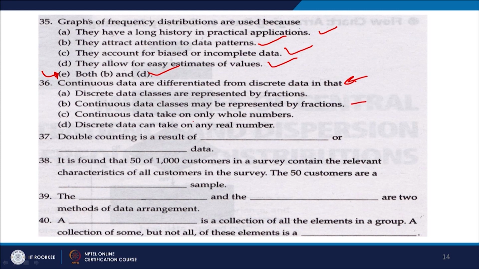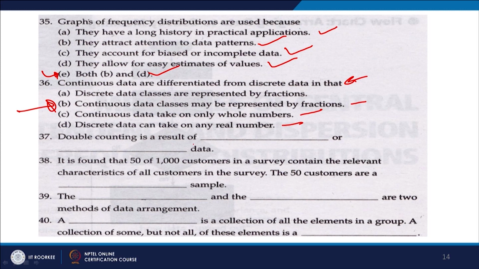Continuous data take on only whole numbers, discrete data can take on any real number. So, answer is what? So, answer is B. Continuous data classes may be represented by fractions, right, not the discrete.